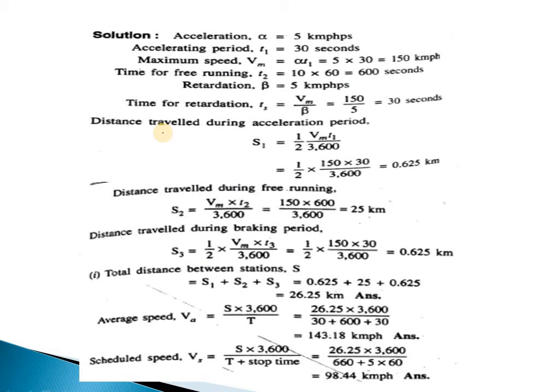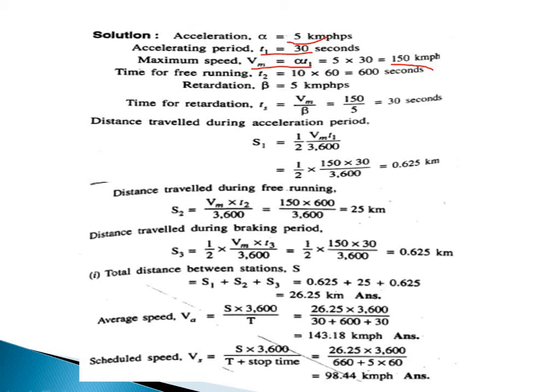So here is the solution we are considering. Acceleration alpha equals 5 km per hour per second, that is given. Acceleration period t1 equals 30 seconds, that is also given. Maximum speed Vm we have to calculate. Alpha is given, t1 is given, so we can calculate the maximum speed, that is 150 km per hour.